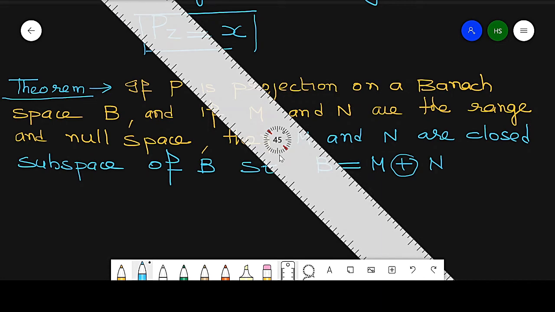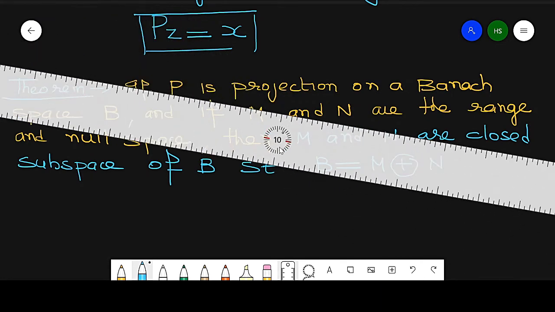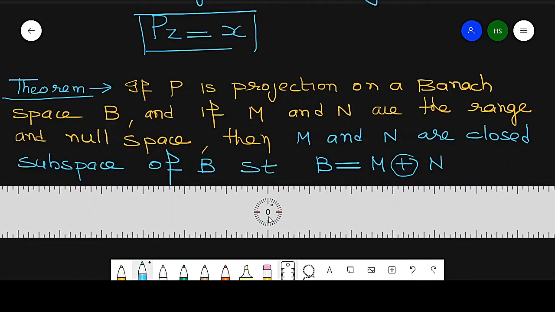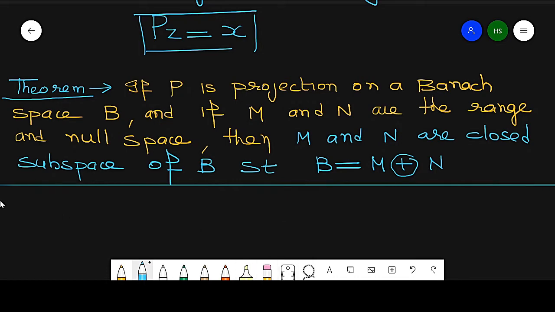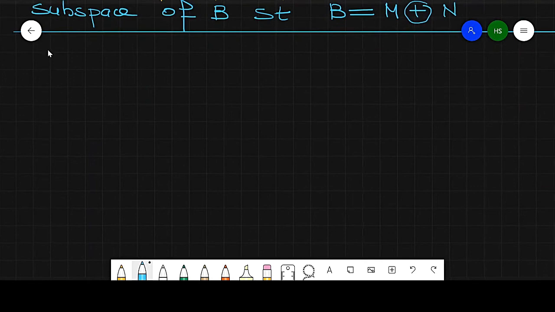The given part is that P is a projection on B, with M and N its range and null space, and my aim is to prove that B is the direct sum of M and N. This is a very important result.